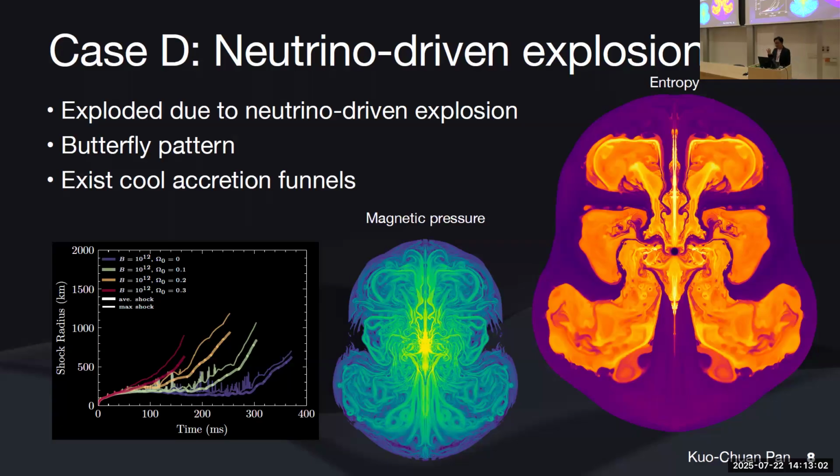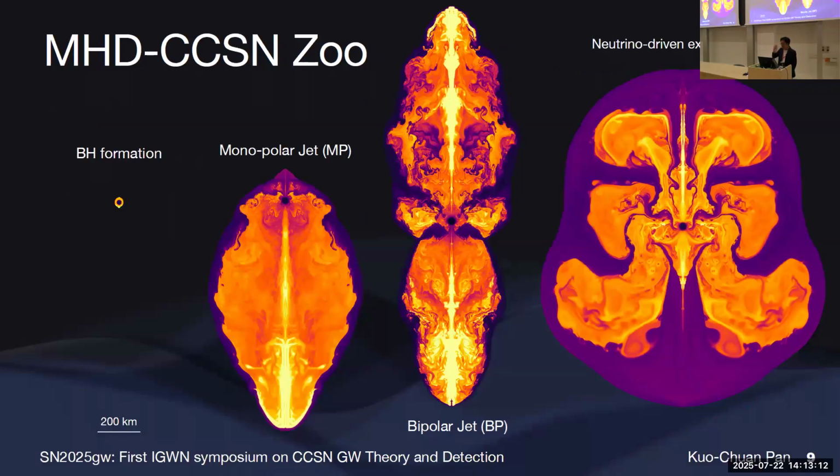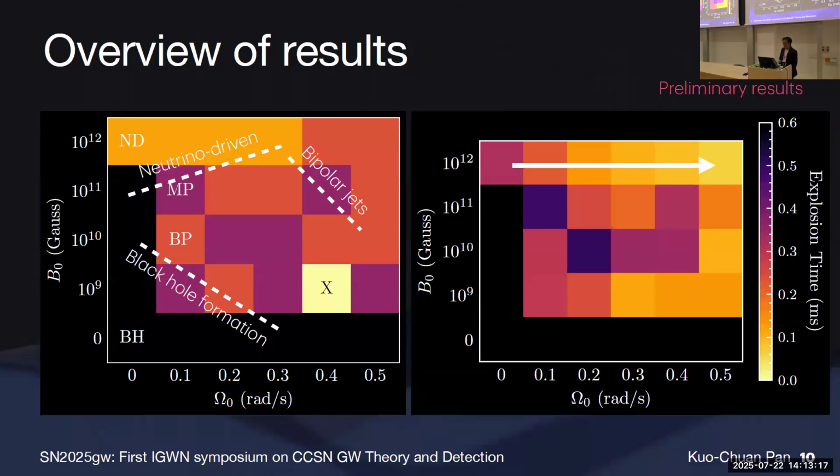So we want to understand how this morphology is related to the initial magnetic field strength and also the rotational speed. So we summarize the morphology in these four cases, then we conduct this kind of grid. Interesting is that for low magnetic field and low rotation, you tend to have black hole formation. This is actually understandable.